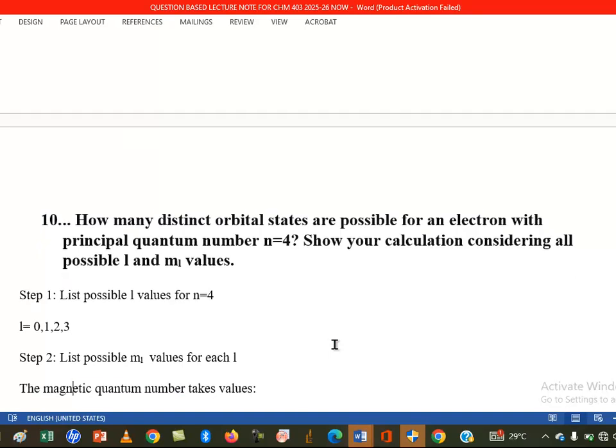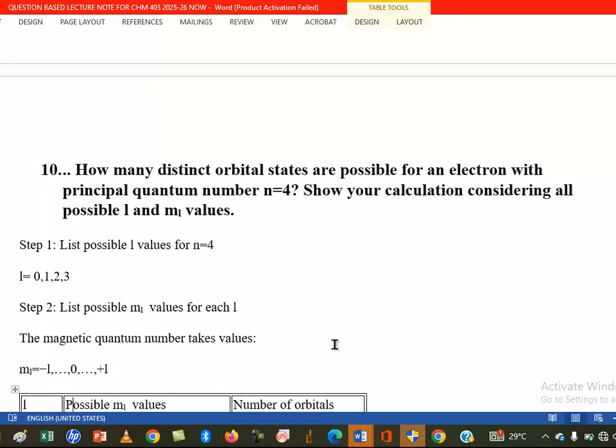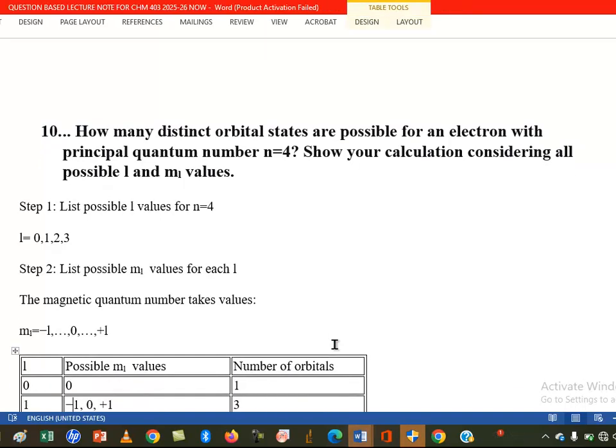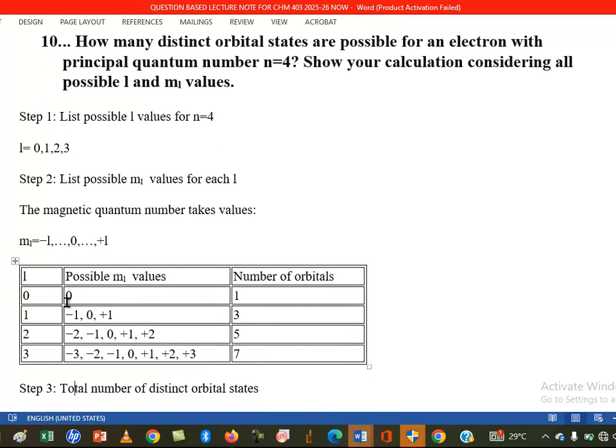That's the first step. Next step, remember we are looking at how many states are possible when n equals 4. So we know that L is 0, 1, 2, or 3. And for each of these L, you have M_L ranging from minus L to plus L. So you can just simply put down this table to make it easier. When L equals 0, then M is 0, so you have only one state here.